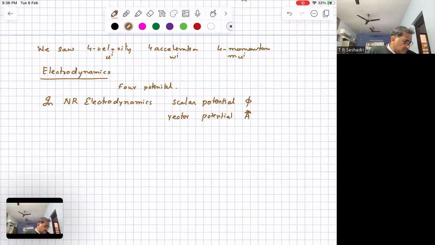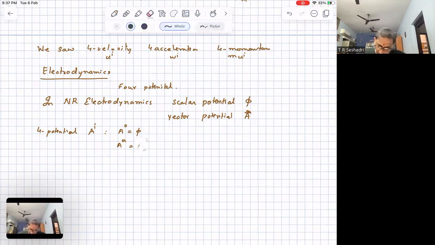Okay. Now, just like we have, okay, so we can define a quantity which is a four potential such that A0 is equal to phi and A alpha is equal to the alpha component of the 3D vector potential.